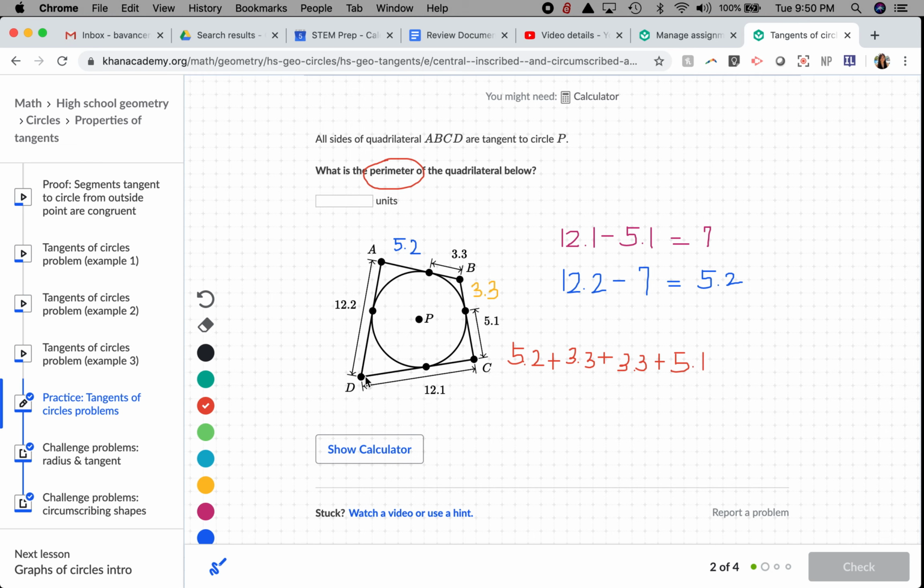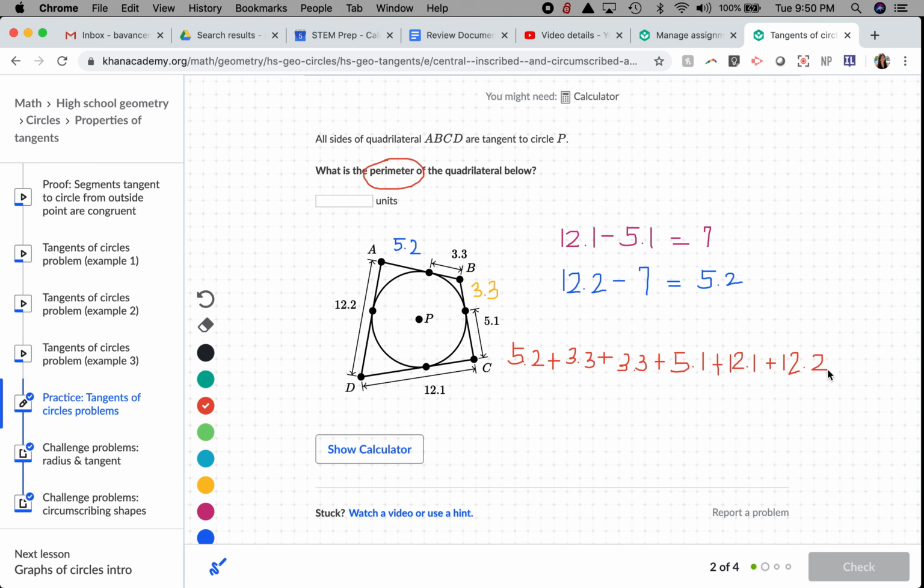And let's look at this whole line now. We are given that this whole segment CD is 12.1, so plus 12.1, plus the last segment AD as a whole, which is given to us as 12.2.